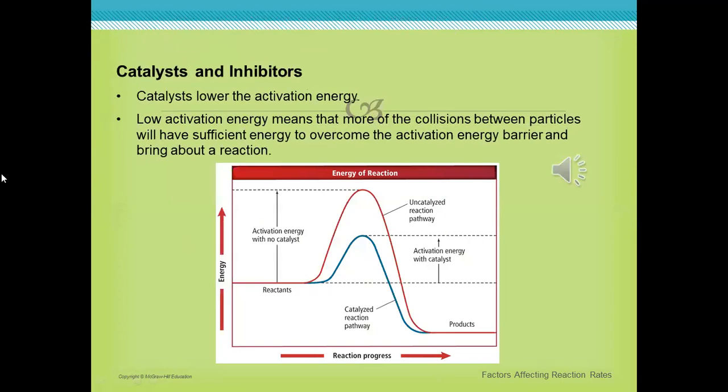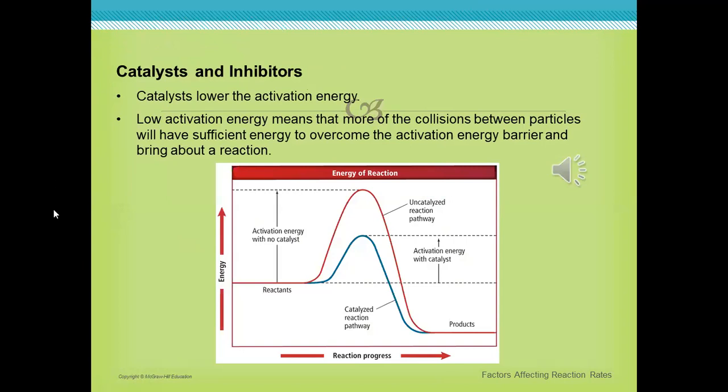Catalysts lower the activation energy. Make this activation energy lower. Low activation energy means that more of the collisions between particles will have sufficient energy to overcome the activation energy barrier and bring about the reaction.